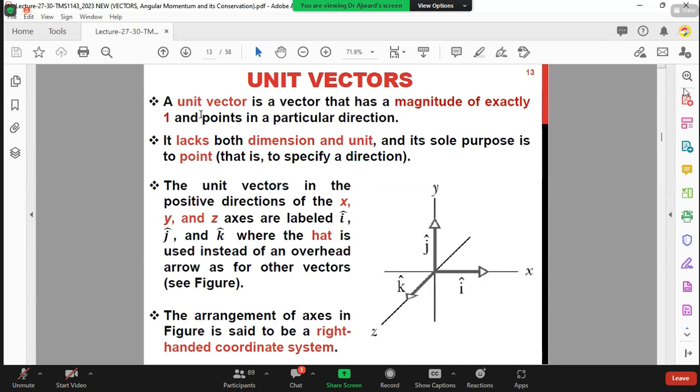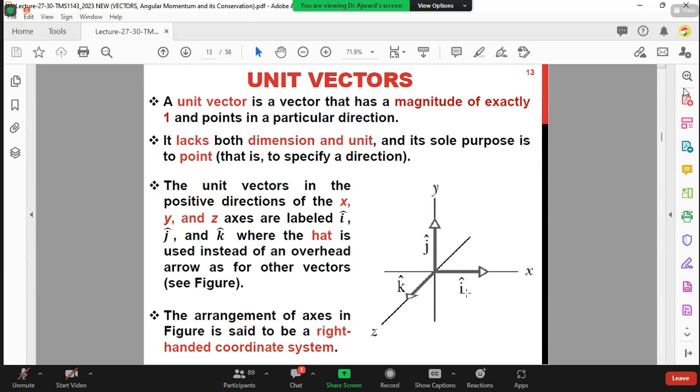So what are the directions you know in the Cartesian coordinate system? You know the x direction, y direction, and if it is in 3 dimensions, you have the z direction. What the unit vector does is it just points along each direction.